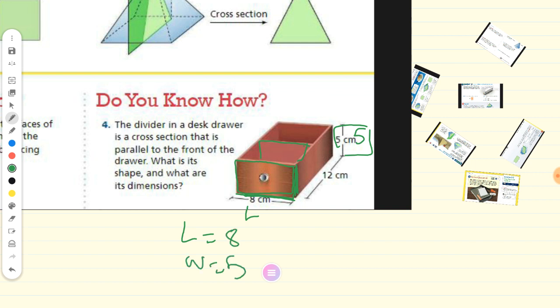So what is this shape? It's a rectangle. In this case, we call this rectangle a cross-section. This is the meaning of cross-section. It depends on the shape. We have many examples of cross-section, as we will see now.